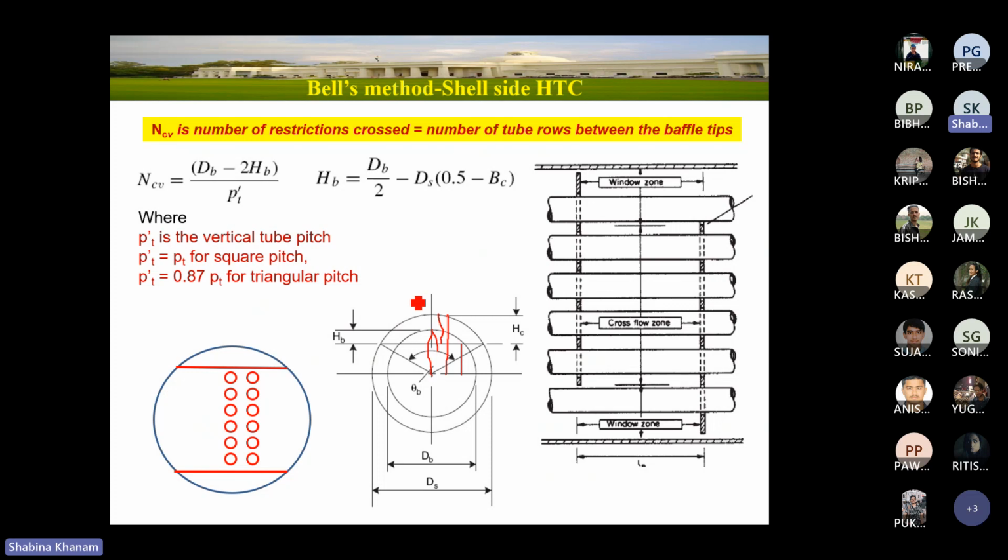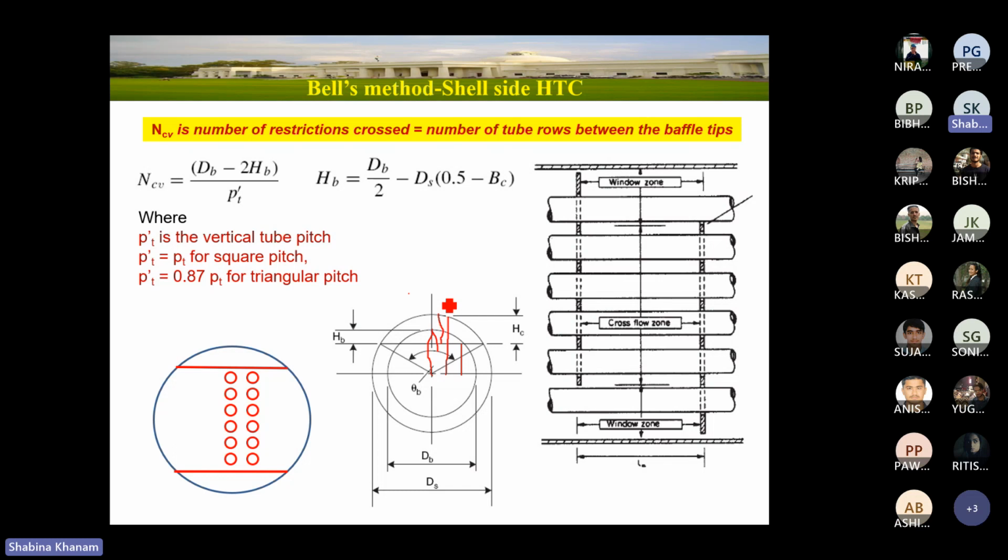In that way you can calculate NCV, and this NCV value should always be a complete number, because this is the number of tube rows, which will never be a decimal.